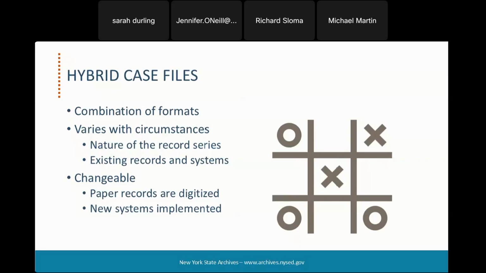Like I mentioned a couple minutes ago, microfilm is a great preservation format especially for permanent case files that you might have. Electronic case files are great, but they're a little harder to manage, particularly if you need to keep them permanently or for a long period of time. So each case file series should be evaluated individually to determine the best management solution for you.